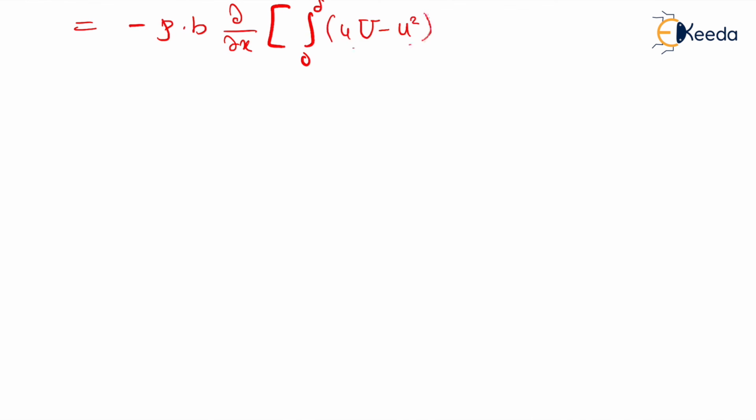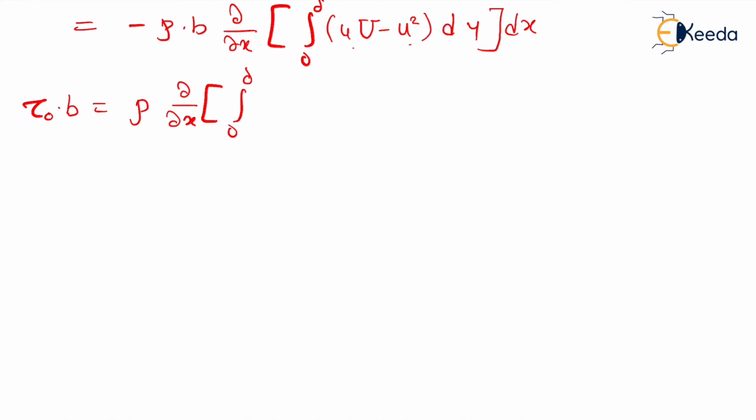So tau naught into b is equal to rho of ∂/∂x of integral 0 to del small u into capital U minus u square dy dx.